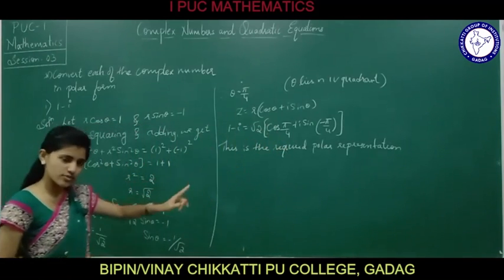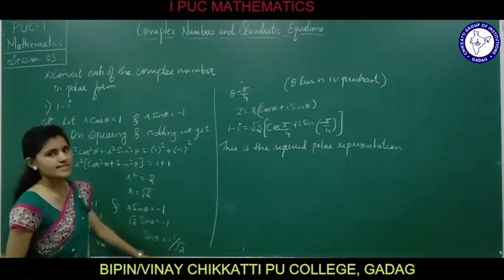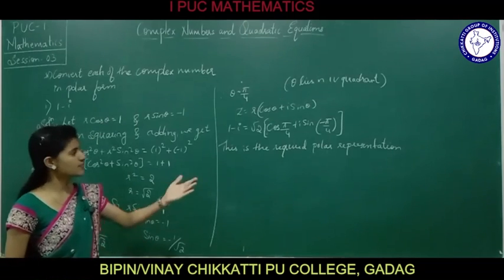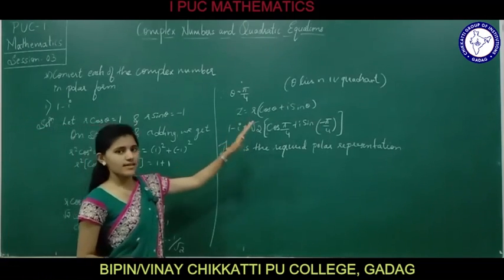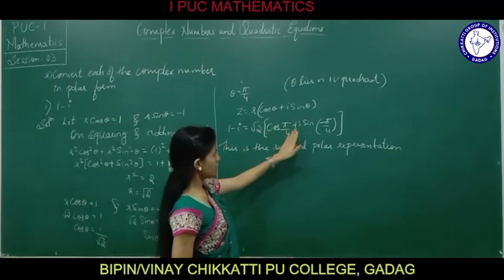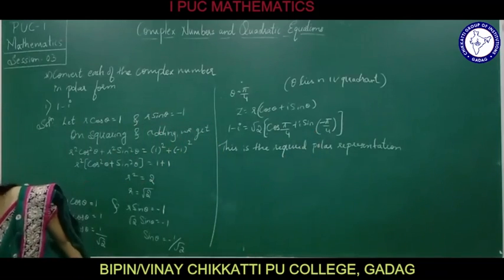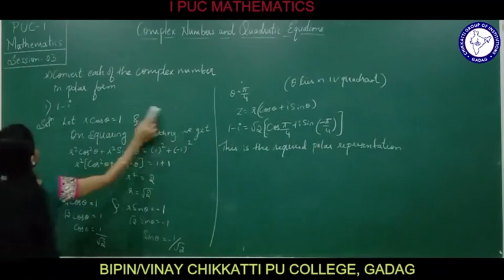Why? Because the x-axis is positive and the y-axis is negative. Then obviously it is going to lie in the fourth quadrant. Then its polar form is root 2 into cos pi by 4 plus i into sine of minus pi by 4. Let us solve the next problem.